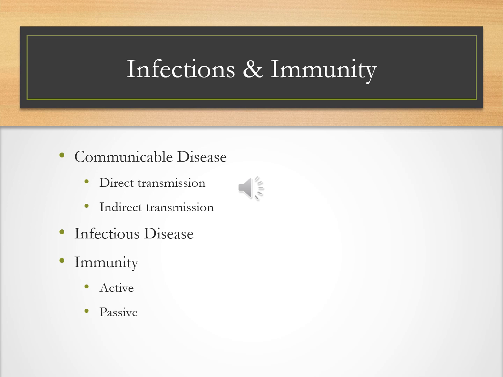So the body creates these memory cells based off of the exposure from that vaccine. And then you have passive immunity that is passed from the mother through the placenta in utero, and that lasts about 6 months, or they can also obtain it by breastfeeding. You can also acquire passive immunity by infection or an IV administration of immunoglobulins.